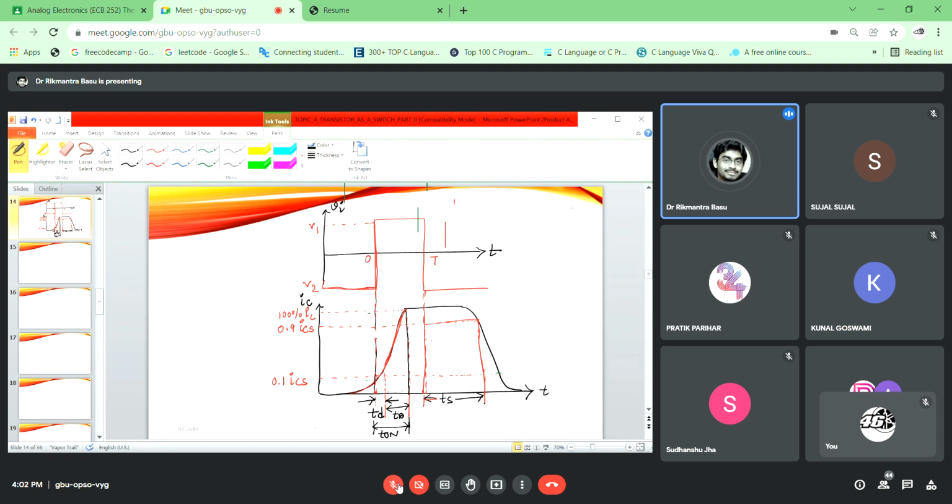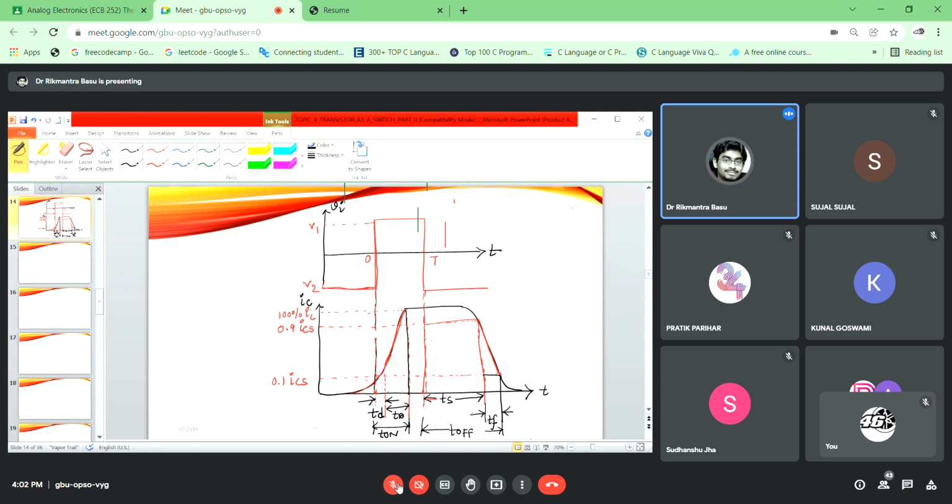After that, it starts falling. So within this period, from here to here, the pulse actually gets falling. That contributes to the falling time. And starting from this TS to this one, when it gets completely off, it contributes as the off time, T off time.